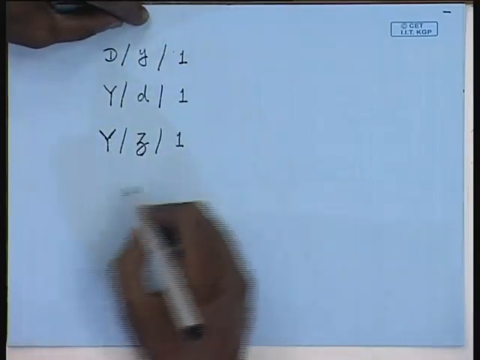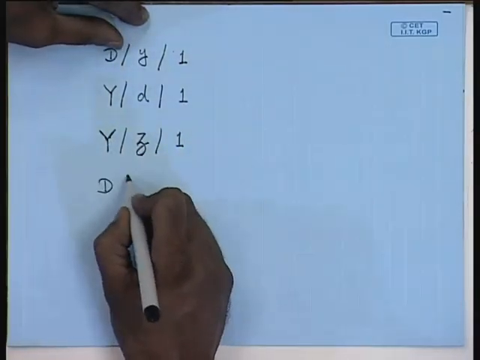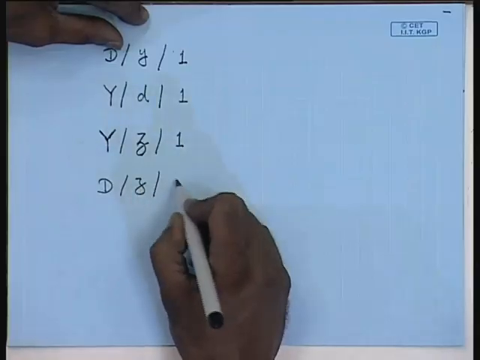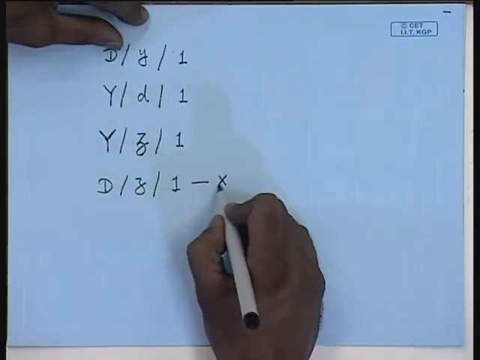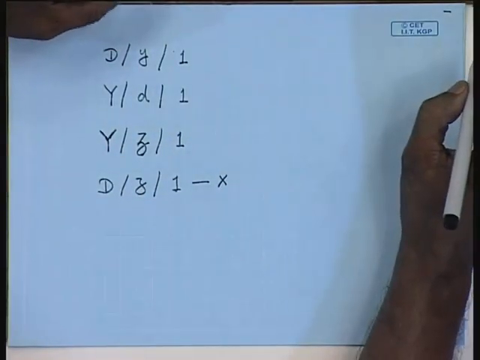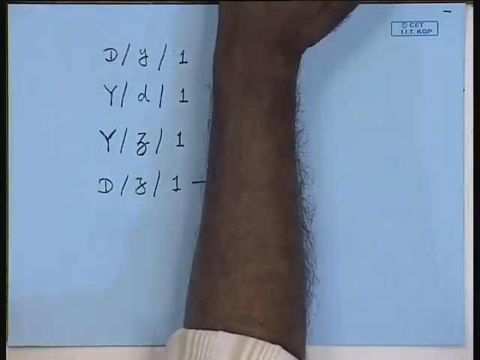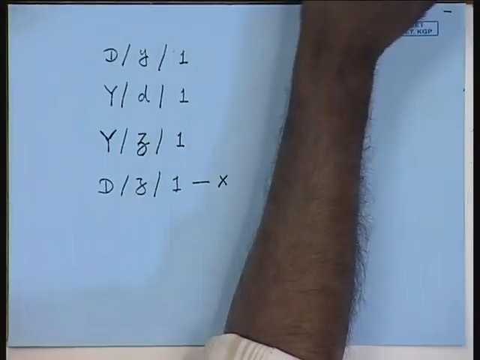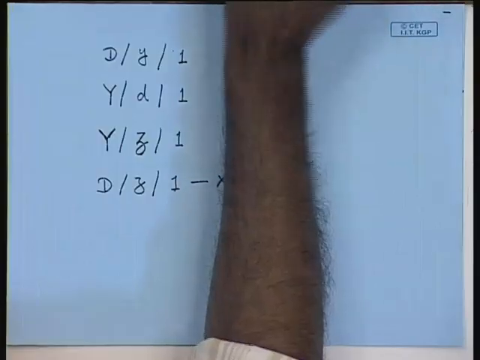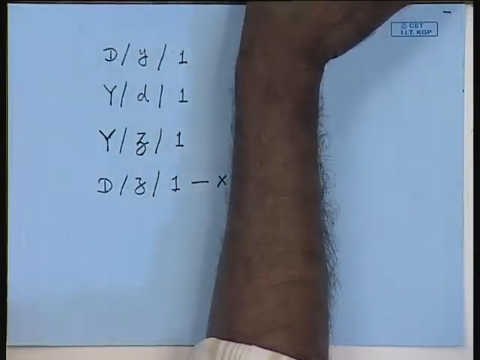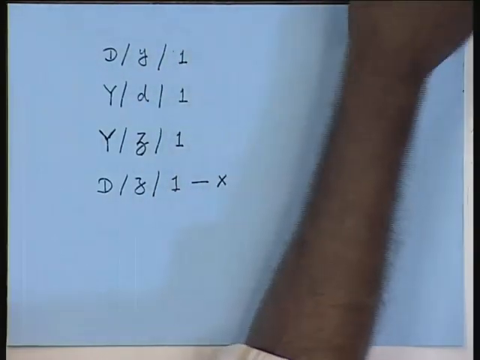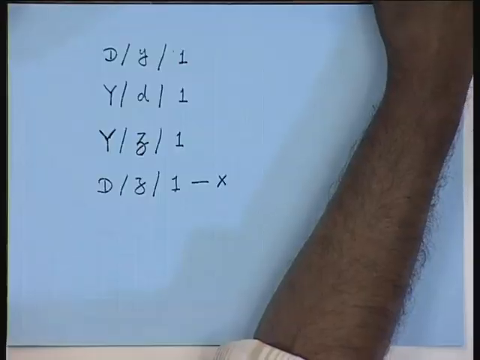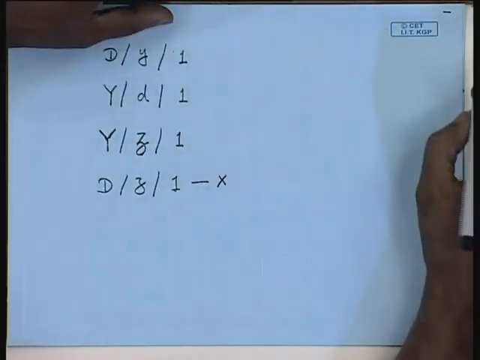However, Dz1 is not possible. We have seen that Dz1 is not possible. It can be either Dz0 or Dz6. Dz1 is not possible, or 11 similarly is not possible.